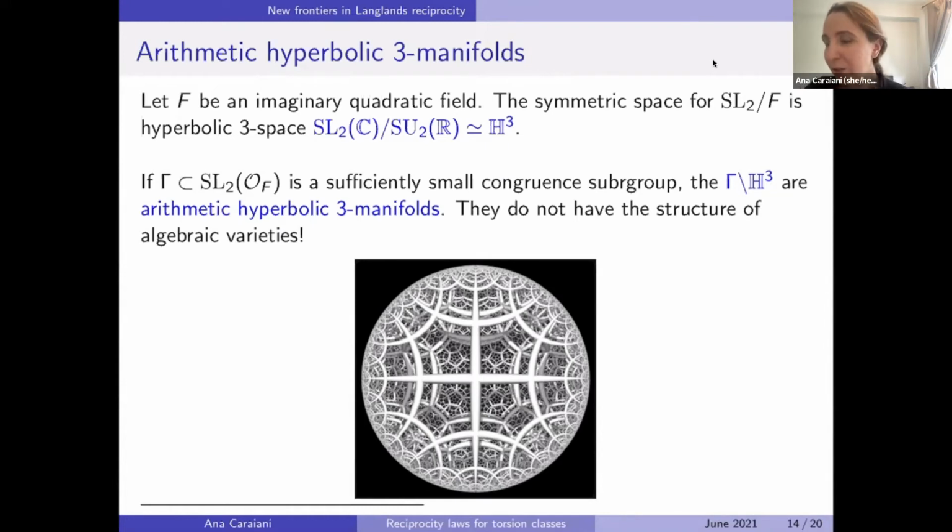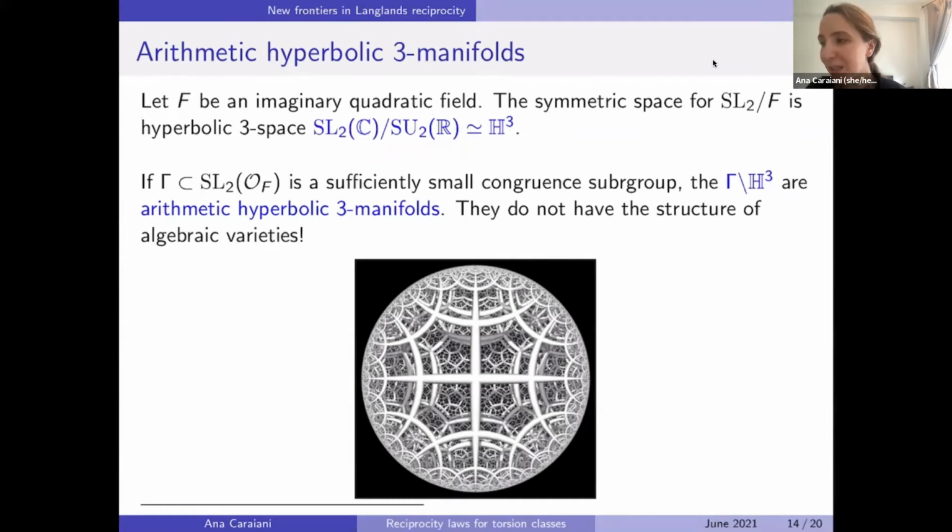So if you take an imaginary quadratic field, then the associated symmetric space, I guess for SL2(C), is going to be hyperbolic 3-space. It's given by this formula, SL2(C) mod SU(2), that's the maximal compact inside of it.